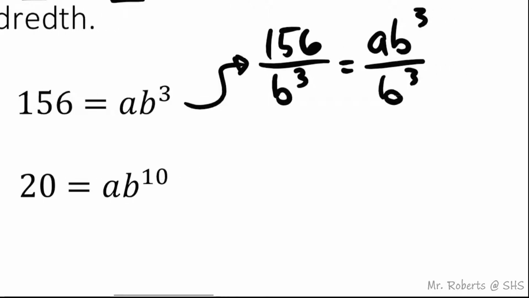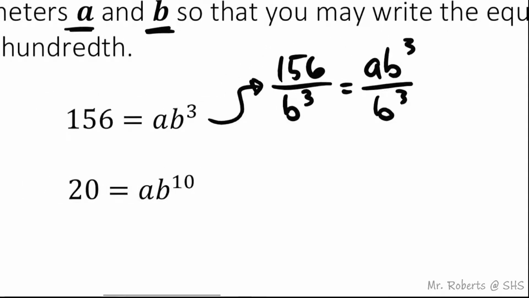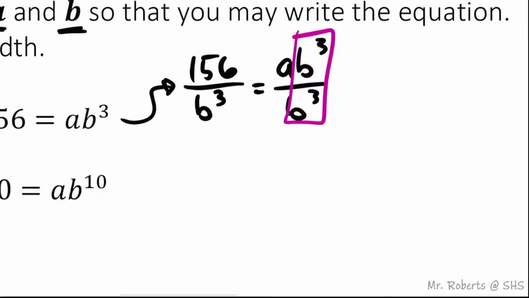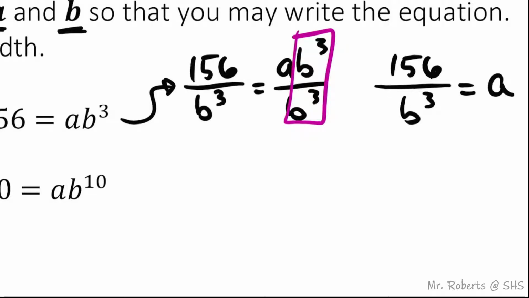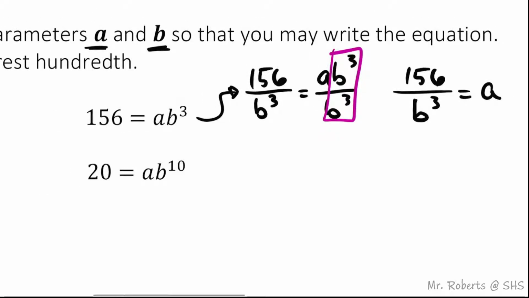What's glorious is because I've got b cubed over b cubed, and it is multiplication, this is definitely a giant 1, so it can be gone. So I end up with 156 over b to the 3rd is the same as a. So I have here a wonderful substitution for a. That's where I'm going to put that.